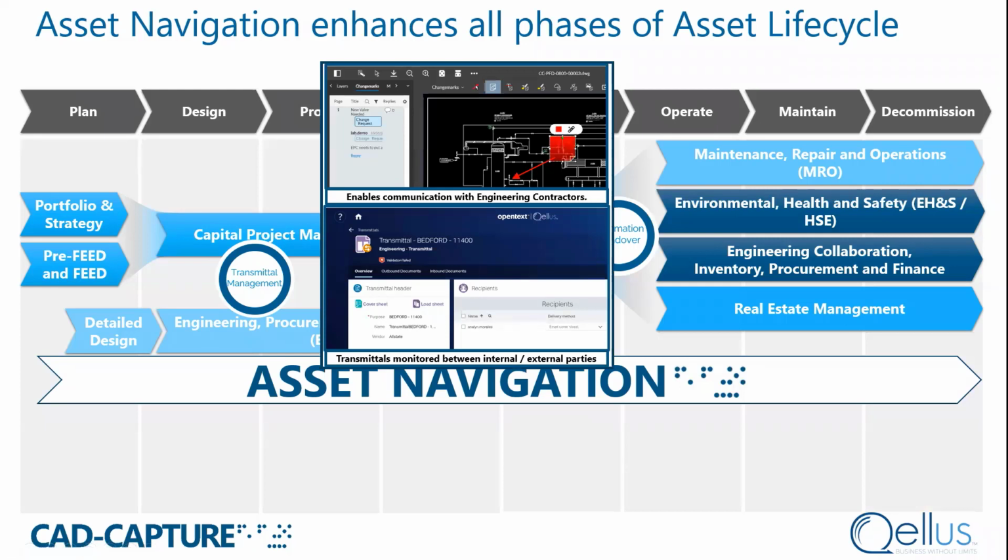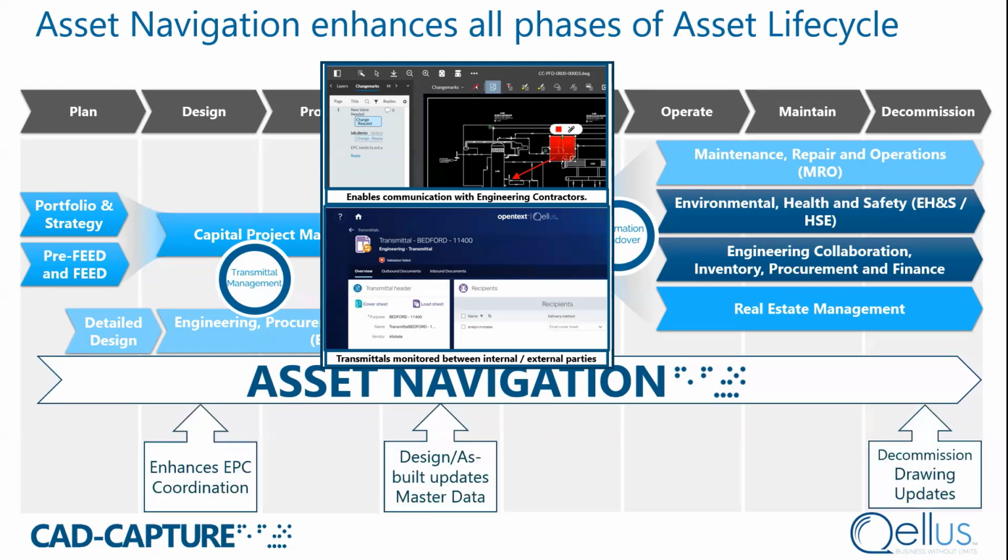There are important features around when this Cad-Capture is done. A lot of people now are navigating to similar items or related items within an engineering drawing. The hotspots that Chris went through, the activation of those hotspots, and the ability to navigate across different drawings with continuation pages, is an extremely important feature of Cad-Capture and asset navigation.